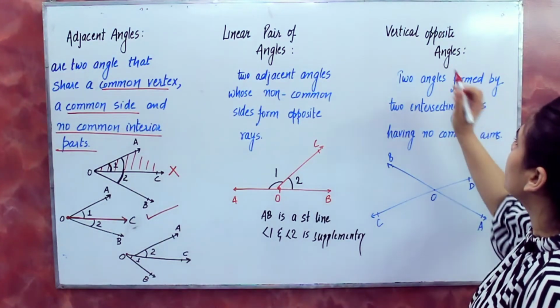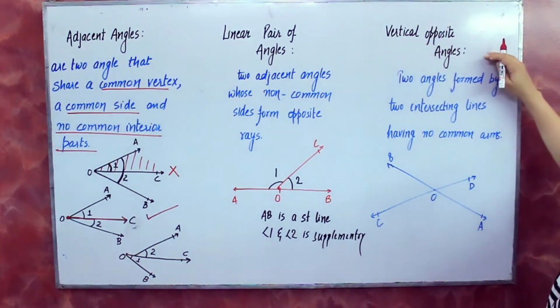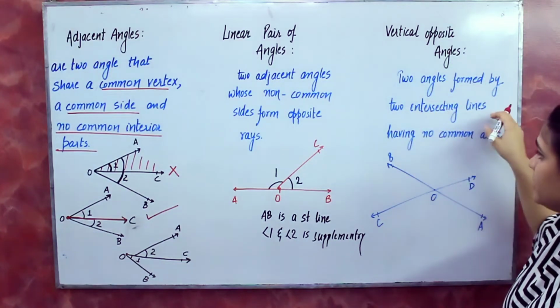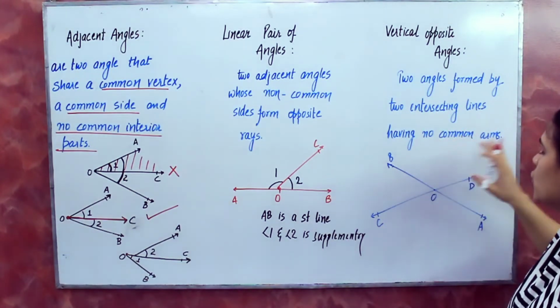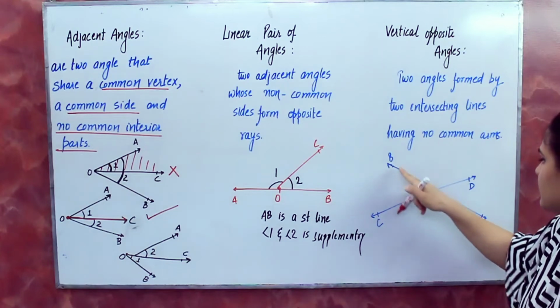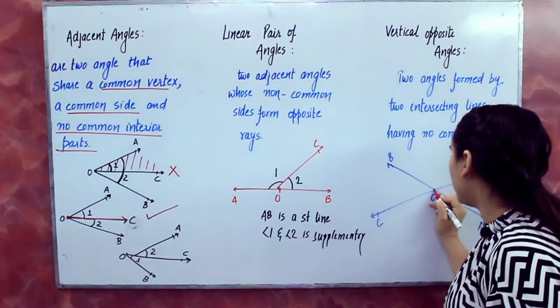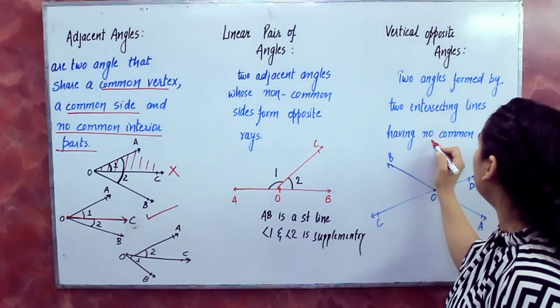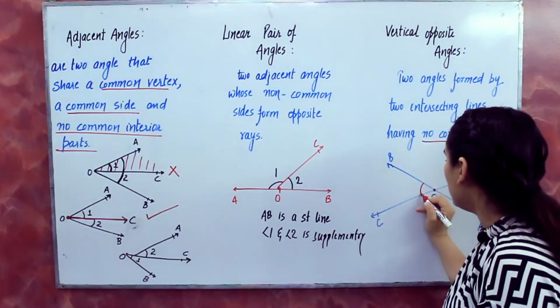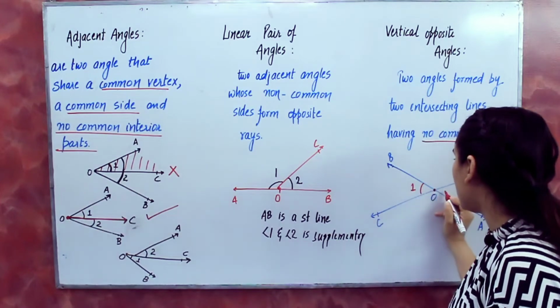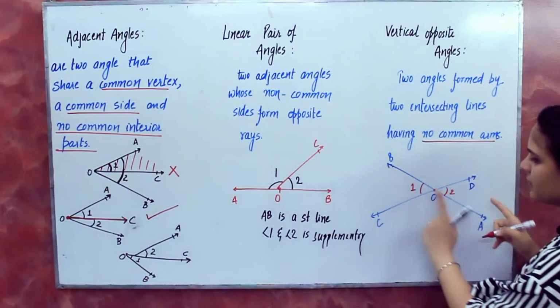Now next one is vertically opposite angles. Two angles formed by two intersecting lines having no common arm. In this case, AB and CD are two intersecting lines which intersect at point O. There should be no common arm. So if you observe this angle 1 and angle 2, there is no common arm in this.